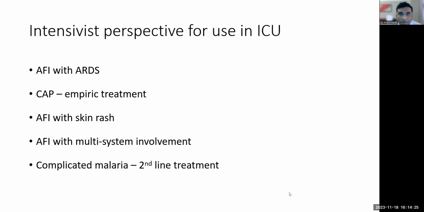From the intensivist perspective, when can we give doxycycline in the ICU? Which are the syndromes? Whenever we treat acute febrile illness with ARDS, then CAP, community acquired pneumonia empiric treatment, acute febrile illness with skin rash because we want to target Rickettsia, acute febrile illness with multi-system involvement, like hepatorenal syndrome with leptospirosis, again elevated liver enzymes, renal injury, ARDS, so that can be seen with Rickettsia.